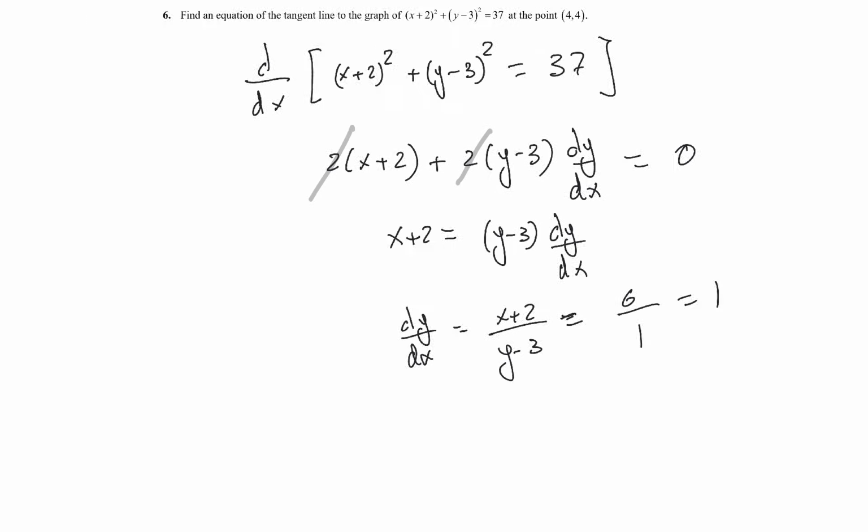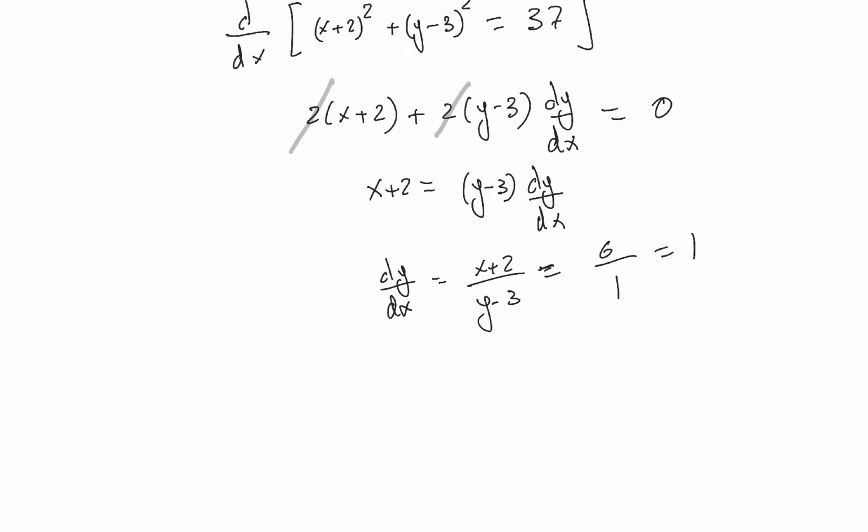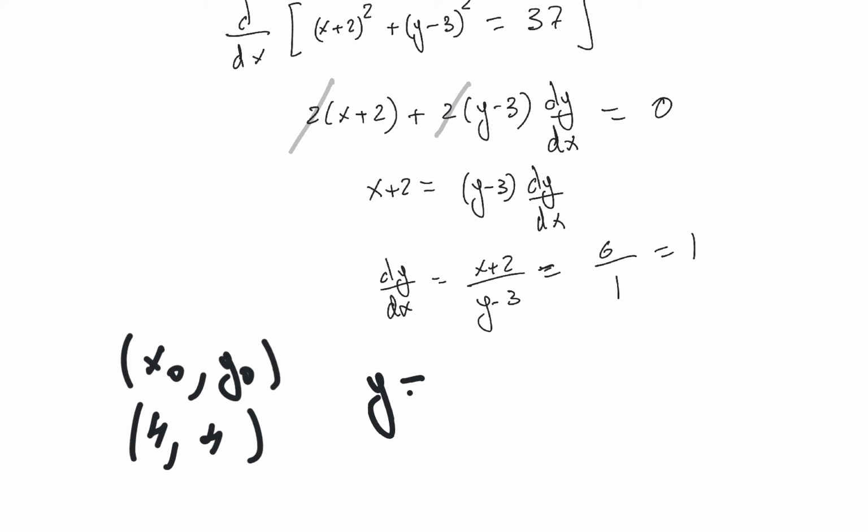And what is the equation of the tangent line? So the point x0, y0 is the point 4, 4. And the equation of the tangent line is y equal y0 plus m multiplied by x minus x0.